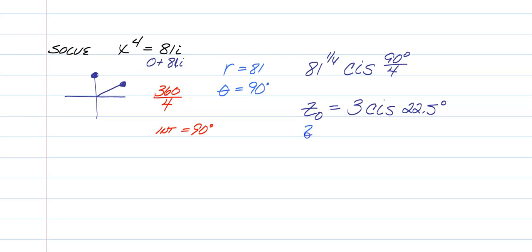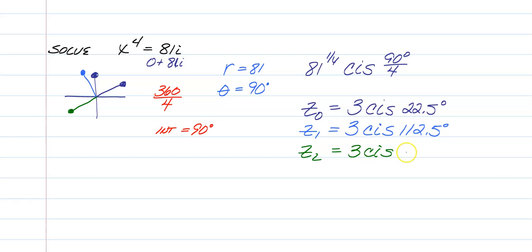Our next one, z sub 1, is 90 degrees past 22.5, which takes us to 112.5. So this gives us 3 CIS 112.5 degrees. Our next one is 90 degrees from there, so z sub 2 is at 3 CIS 202.5 degrees.